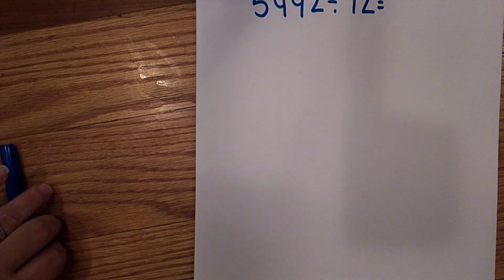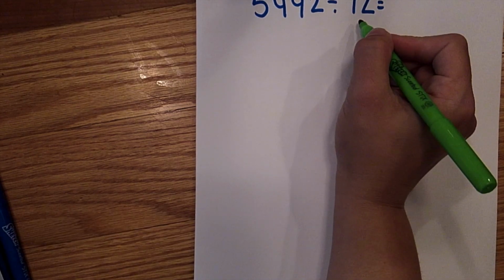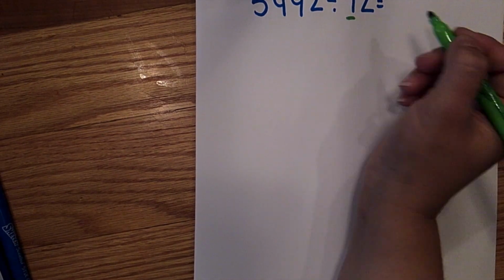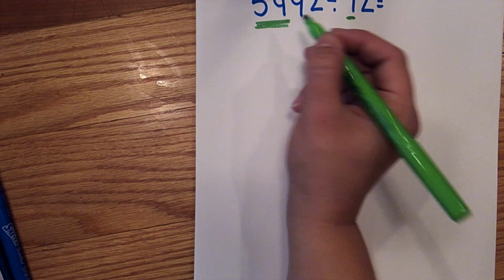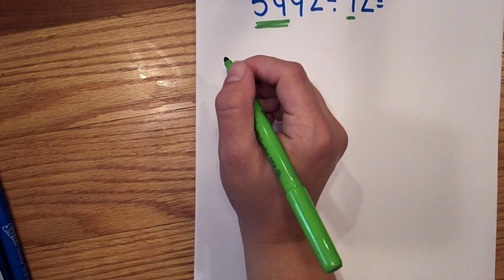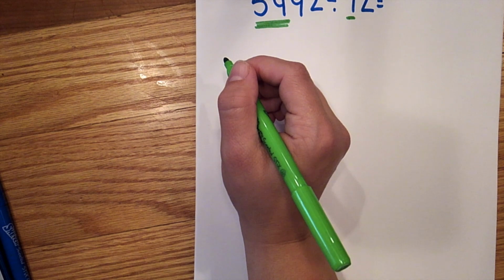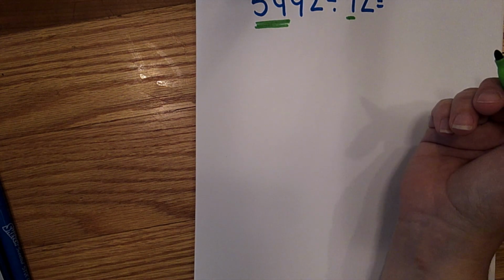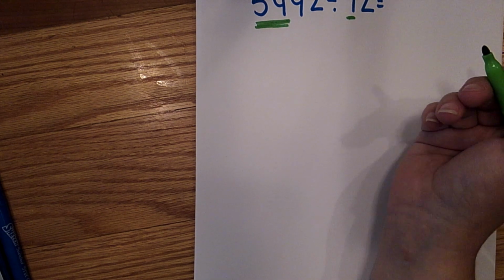5,492 divided by 72. This is where our estimation skills are going to come in handy because I don't want to go straight into this problem and setting it up. I want to look to see what times 7 is going to give me something close to 54. So I know that 7 times 8 is 56, but that's too big. So 7 times 7 is 49.